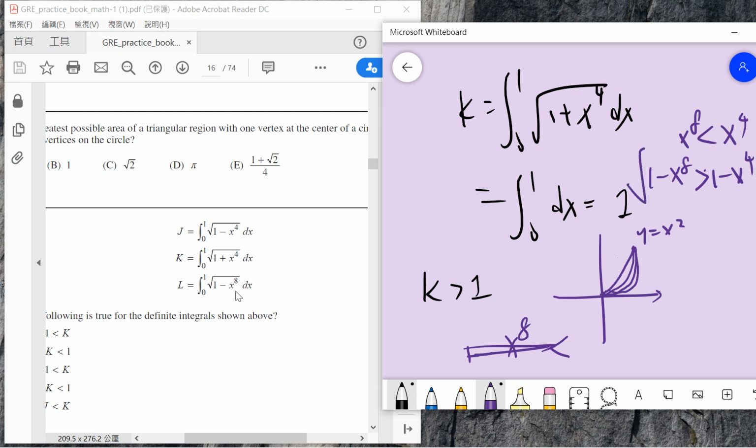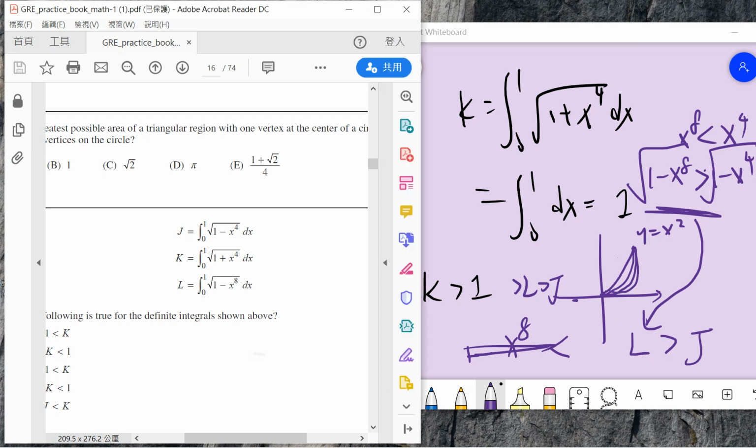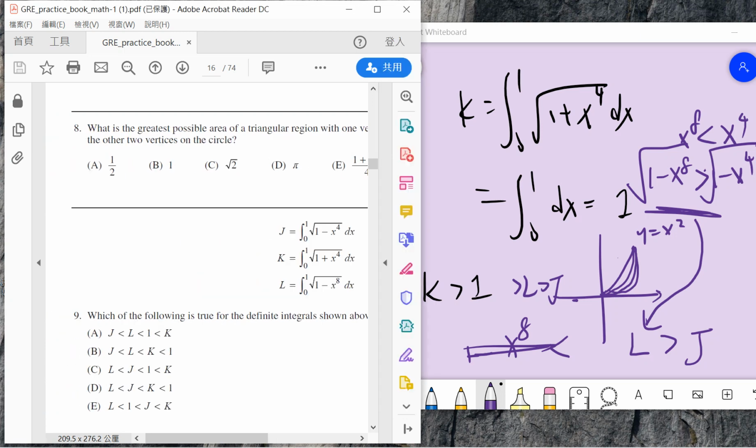So this tells you that this one will be larger than this one. So from this identity, we know that L is larger than J. So we have K larger than 1, larger than L, and larger than J. So we choose A.